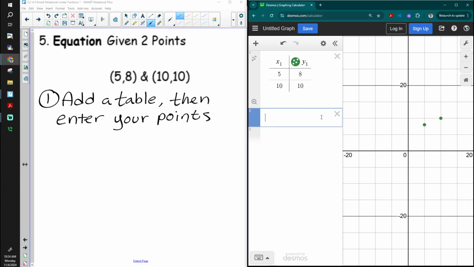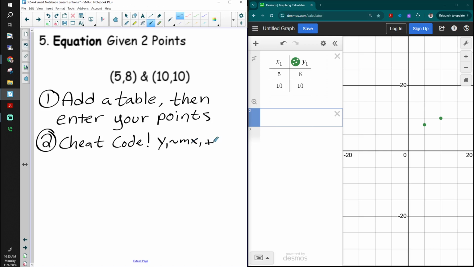After our table is in, our points are in, we're going to add in our cheat code. Number 2, cheat code. Y1 squiggly mx1 plus b. I know this is review, but it's good to learn a second time.